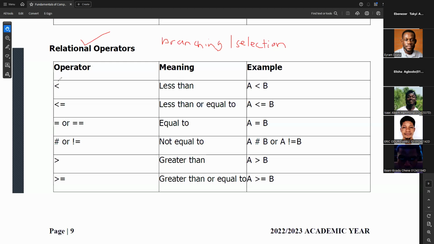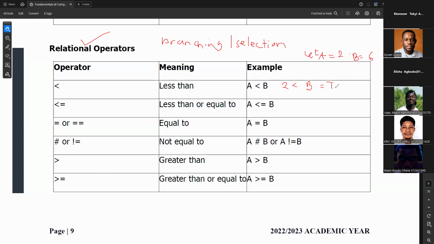So how does it work? First, we have the less than. The less than works like this. A is less than B. So if, let's say, we write let A equals 2 and B equals 6, that will be A is less than B. And the answer we are going to get is called a Boolean answer, a true or false answer.